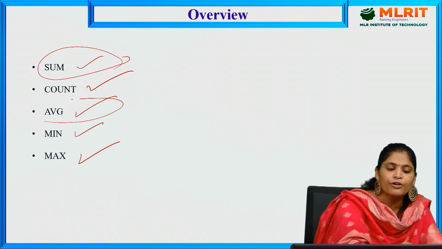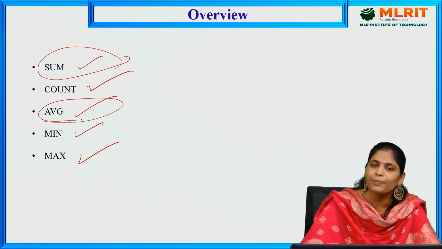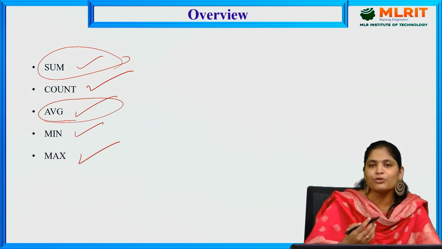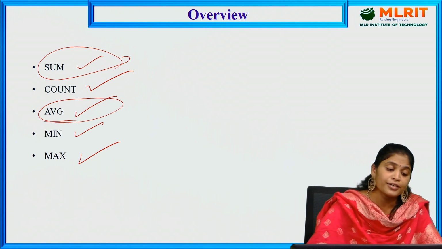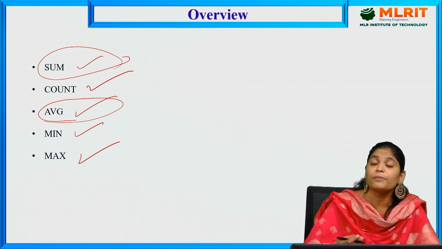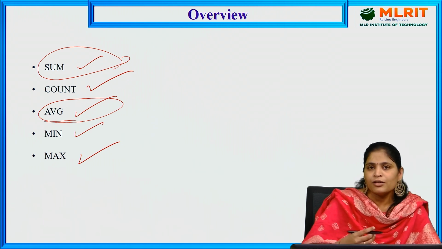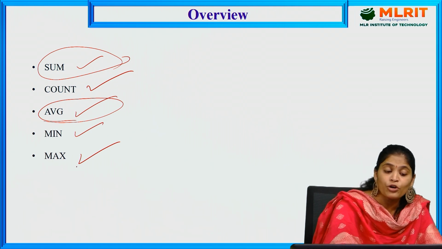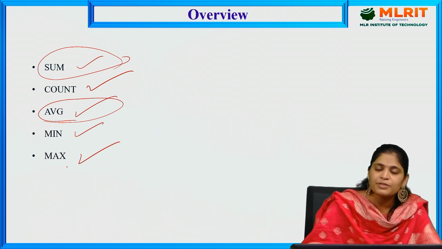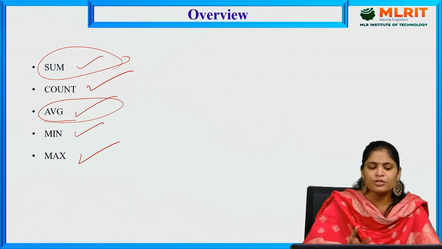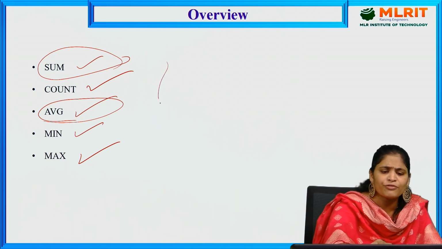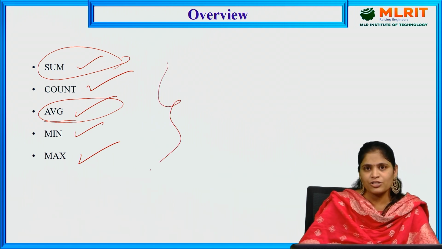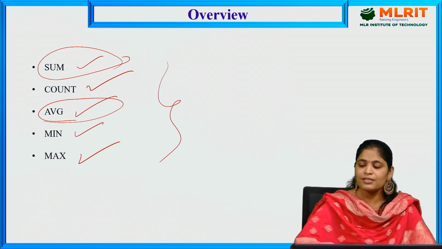To find the average salary of a department, I can use the average function. If I want the minimum salary from a set of employees, I can use minimum, and for the maximum salary, I can use the maximum function. These are some aggregate functions. Let us discuss these in a practical manner now.